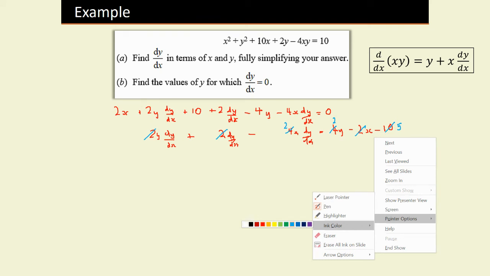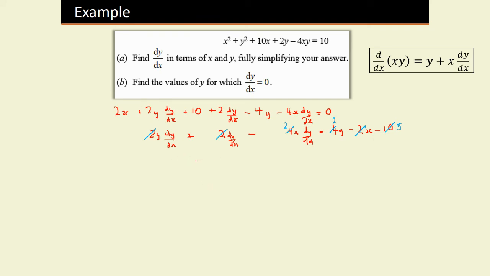We can just do our usual bit where we take the dy by dx out as a factor. That is an equals there. Just make sure that's clear. So we take the dy by dx out as a factor on the left-hand side. And we've got y plus 1 lot of dy by dx minus 2x equals 2y minus x minus 5.